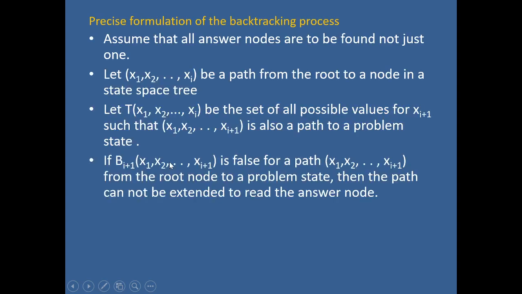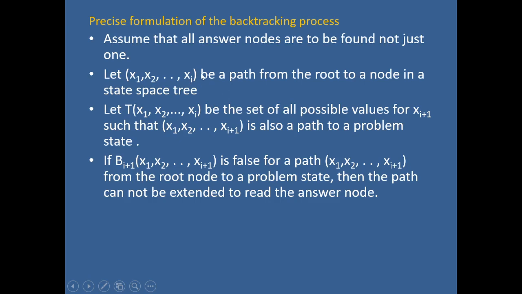Now, the general method for backtracking: from the constraints we will know the size of the answer vector. For now, assume that some of the answers are calculated, x1, x2, up to xi.